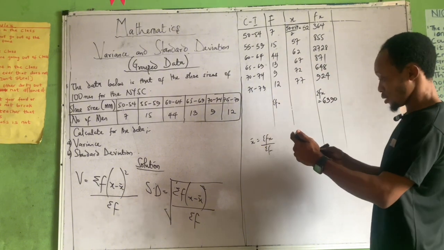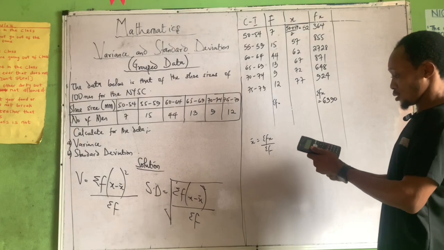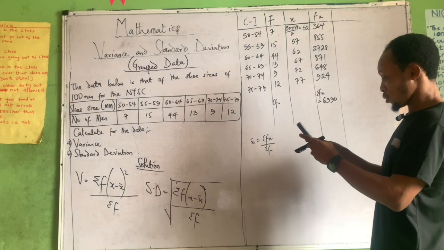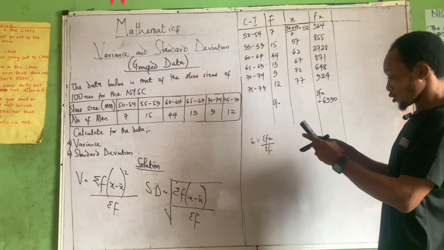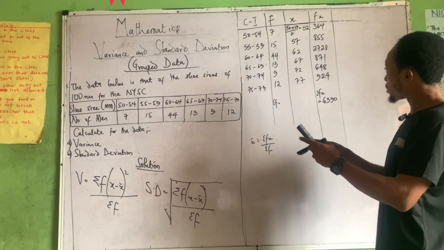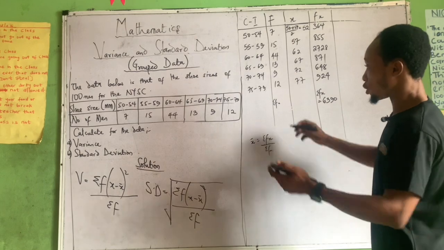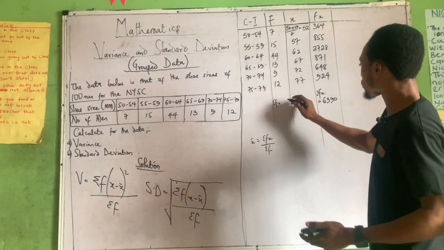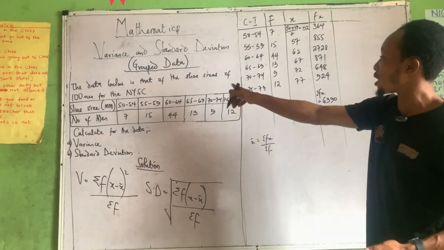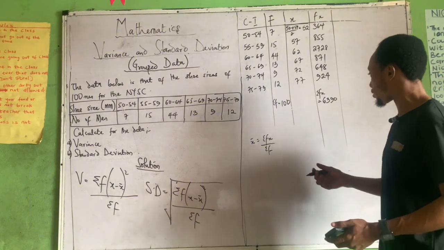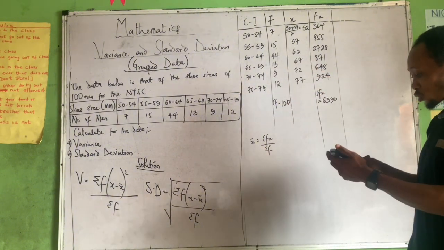Then here, 7 plus 15 plus 44 plus 13 plus 9 plus 12, that will be 100. Oh, they have even given us already, so no need to even calculate it. They said the sizes of 100 men, so we have summation f as 100. But just to confirm.